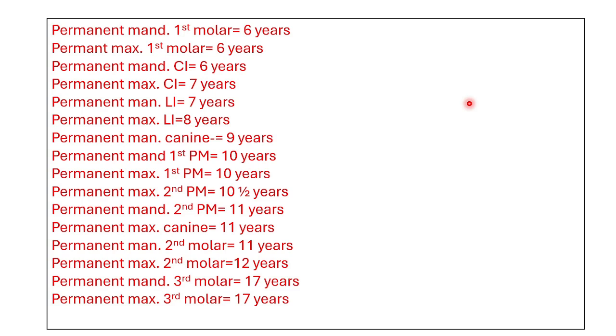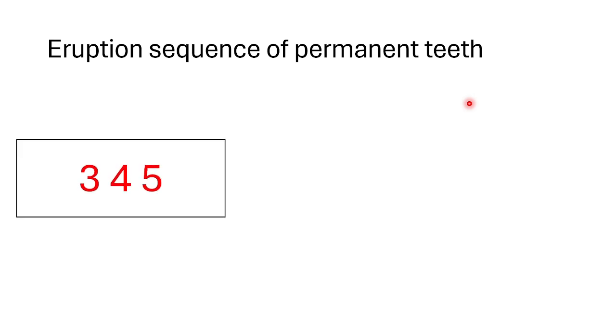permanent teeth in years. And note, for primary teeth the date was in months, and for permanent teeth it is in years. So now let's discuss the eruption sequence of permanent teeth. First we write the numbers 3, 4, and 5, and this is for mandible teeth. Now for maxilla, what can be the greater number beginning with the number 4?